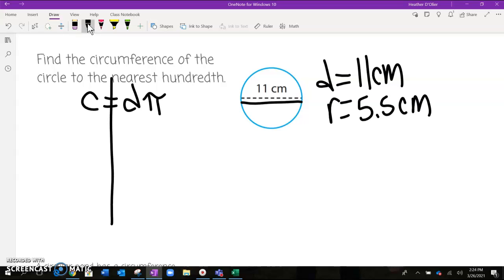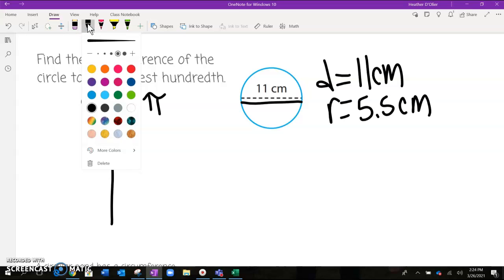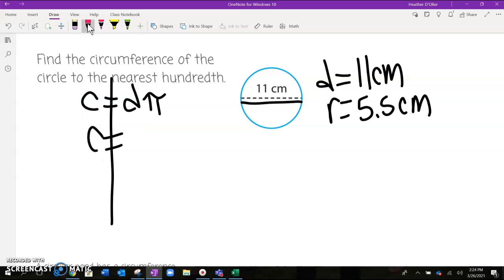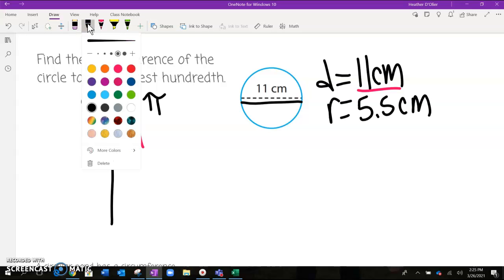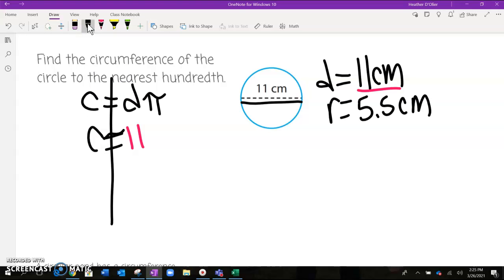All right, now substituting in the value given. They gave me diameter. Circumference equals 11 times pi. And I'm going to already write pi as 3.14, so I need to make those squiggles. The second I change pi to 3.14, I need to make it approximately equal, not equal.